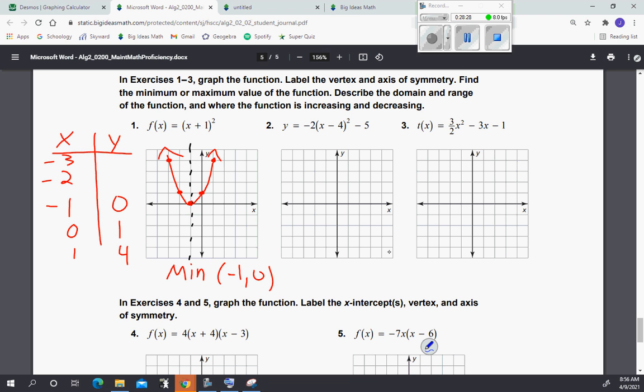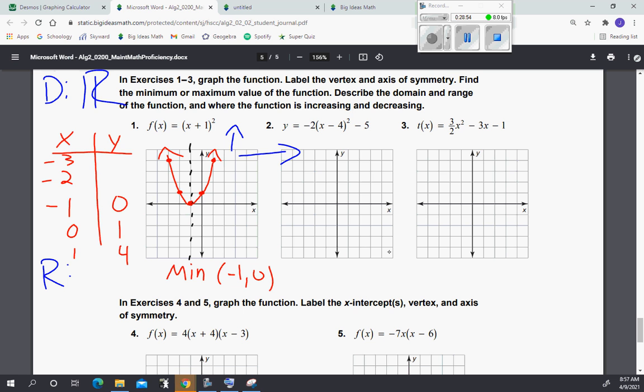Well, the further up it goes, the further away from 0 it's going, right? Your domain for all of these is going to be this symbol. That's all real numbers. If you want to say all real numbers, you can, but that is our symbol for all real numbers.